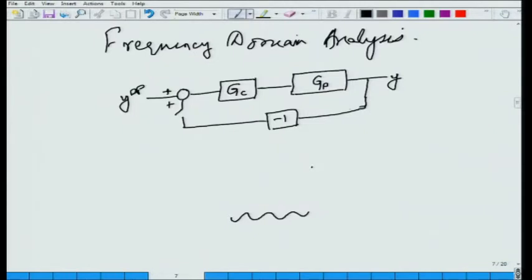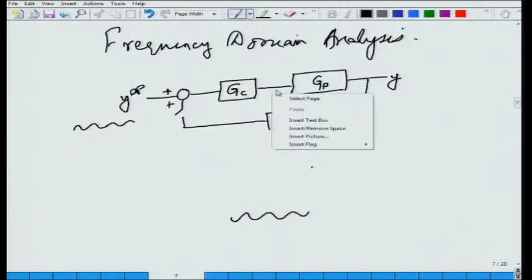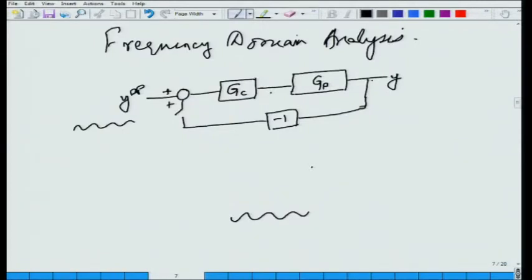Let us say the input is a sine wave, and its amplitude is 1. If the input is a sine wave, then this would be a sine wave. If sufficient time has elapsed, this would also be a sine wave, and since G p is being forced by a sine wave, y would also be a sine wave, and the signal here would also be a sine wave.